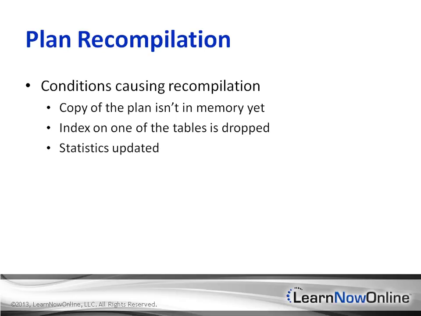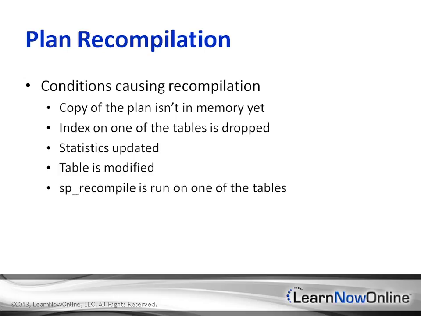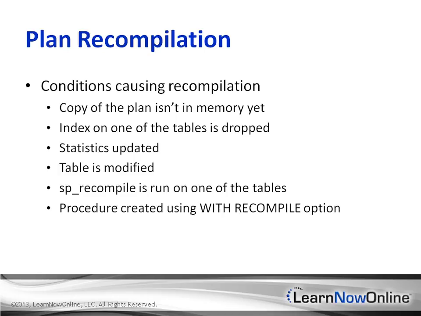When statistics are updated, this is the statistical information that identifies the particular data usage patterns of your code and applications. If you modify a table using an ALTER TABLE statement, if you execute the sp_recompile system stored procedure on one of the tables, or if the stored procedure was created using the WITH RECOMPILE option.